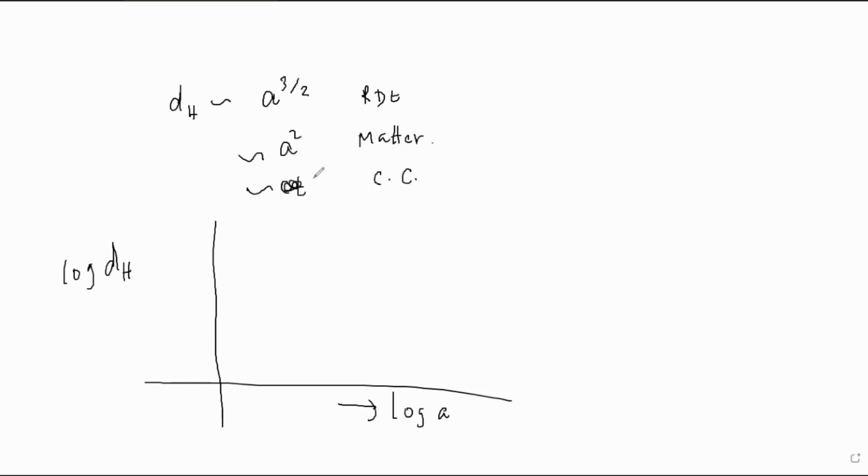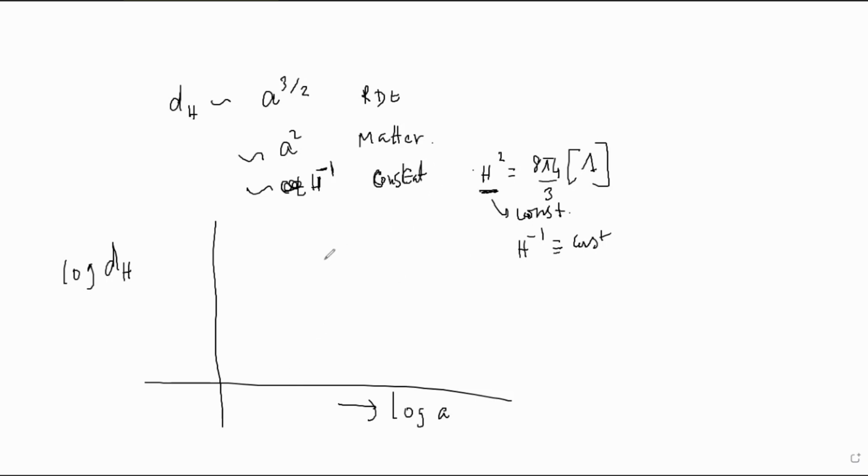Sorry, horizon is more or less like H inverse. And for a cosmological constant, we know from the Friedmann equation, H squared is equal to 8 pi G by 3 times rho, and rho is a constant. So H is constant, so H inverse is also constant. That means the horizon size actually does not change. It's a constant if it is the dark energy dominated era.